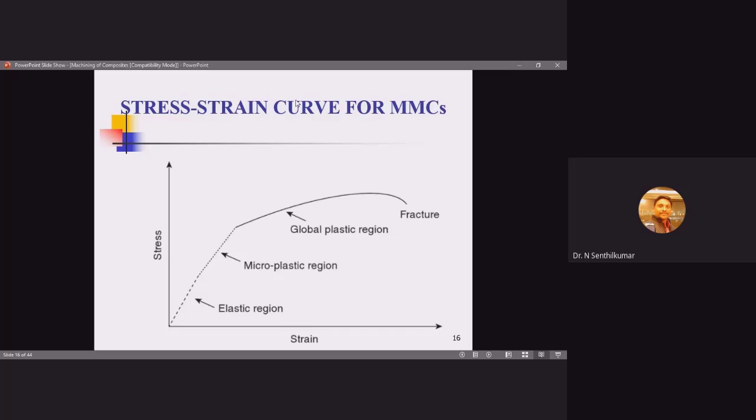So first it has the elastic region, then the microplastic region, then the plastic region comes, and finally it will be fractured. This is the case which exists in a small area where the cutting tool comes in contact with the composite material. At these small places, plasticity has to occur and finally the fracture has to occur. So kindly think of how much stress and strain will be acting at that point.